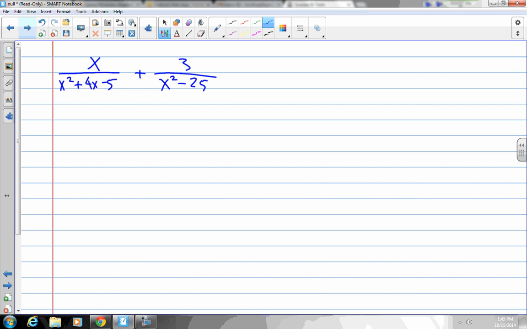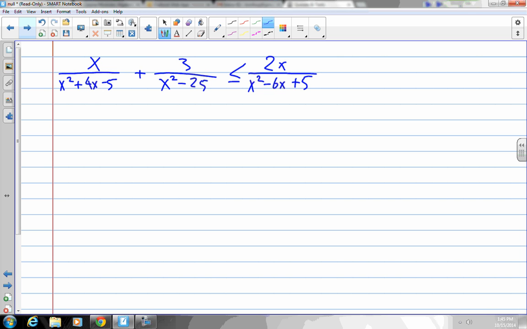So I have these two things less than or equal to 2x over x squared minus 6x plus 5. So again, we want to get 0 on one end.